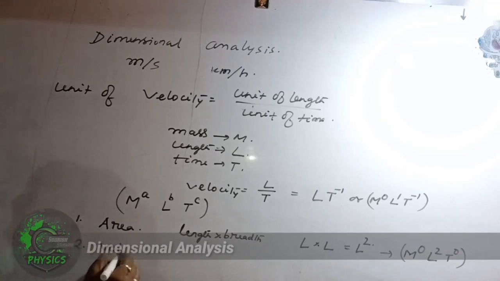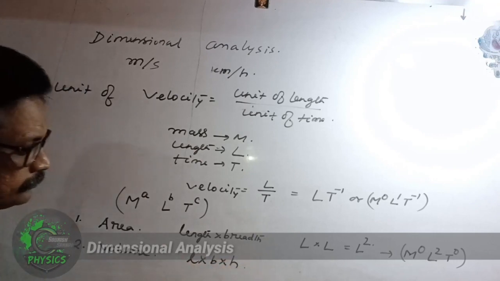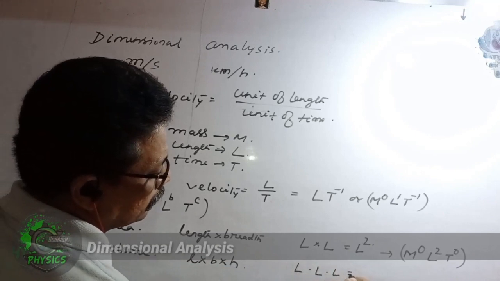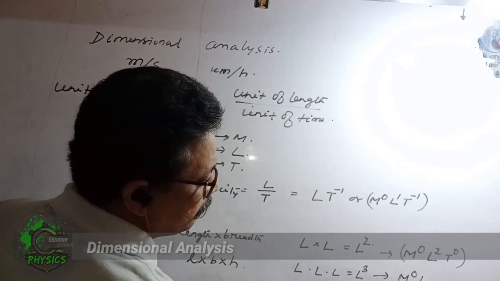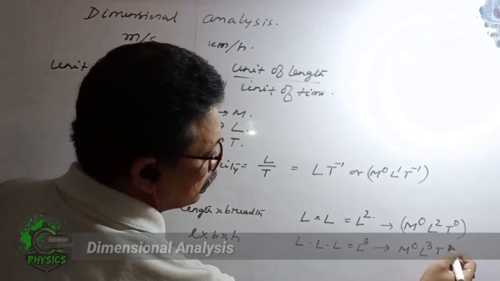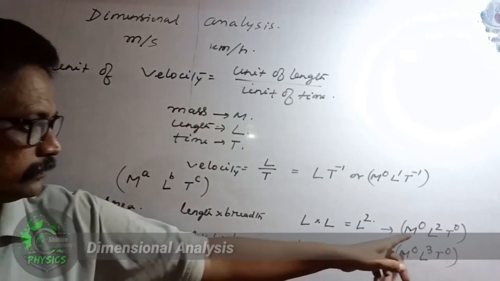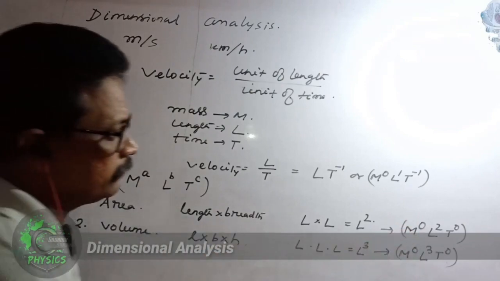Secondly, suppose volume. We are talking about the volume of a cuboid. Volume of a cuboid is length into breadth into height. So it is L into L into L, that is L cube. So the dimensional formula is M naught L cube T naught. Now if you know this dimensional formula, then you can get its unit.